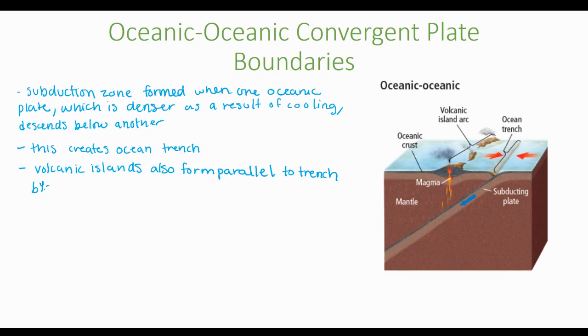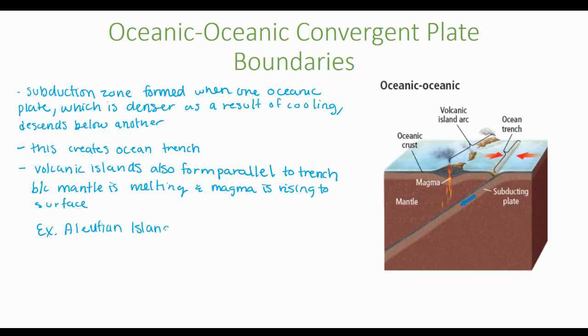This is because the mantle is melting and magma is rising to the surface. An example here are the Aleutian Islands, and if I remember geography, I believe they are off the coast of Alaska.